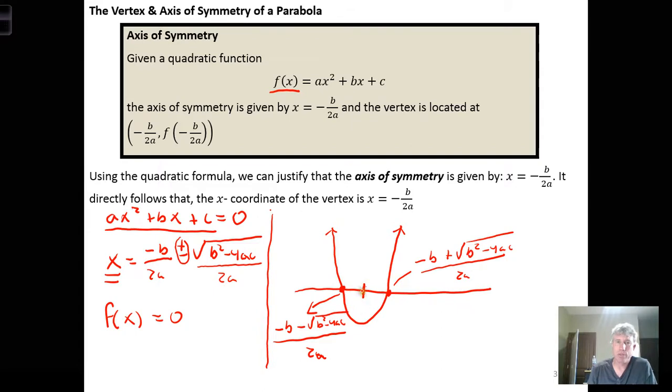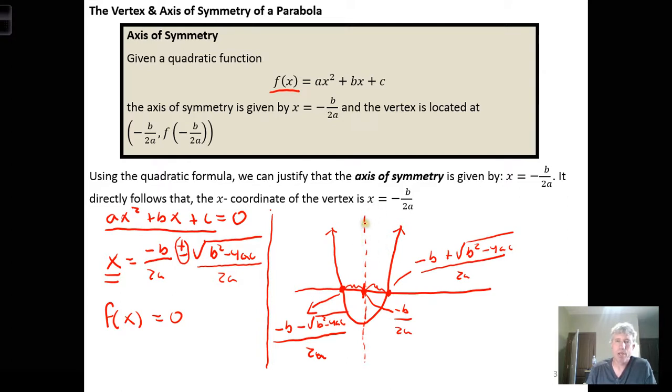So this x value right here is the negative b over 2a, and the distance right here is just the square root of b squared minus 4ac all over 2a, and the distance on the other side is also the square root of b squared minus 4ac all over 2a being subtracted from the negative b over 2a. So that negative b over 2a, which is halfway between the two x-intercepts, happens to lie on the line of symmetry for the quadratic function.